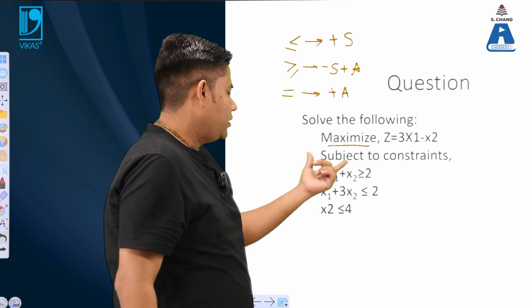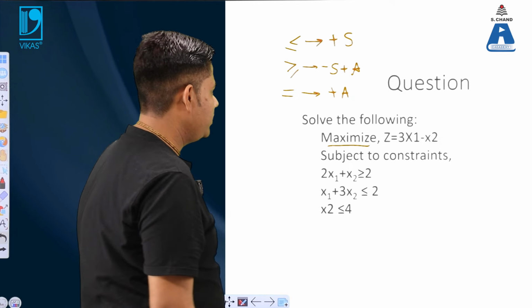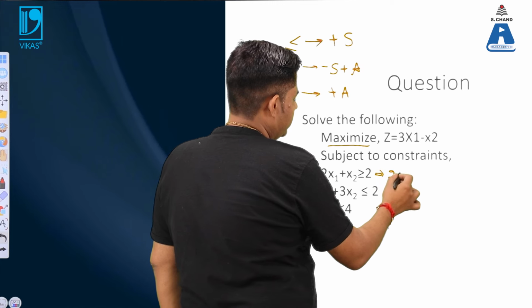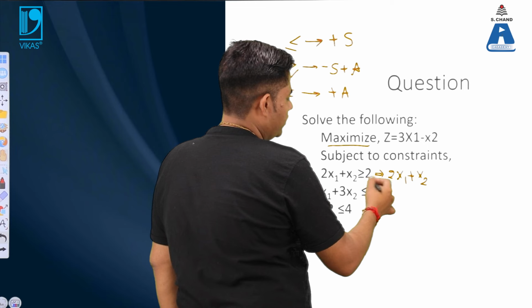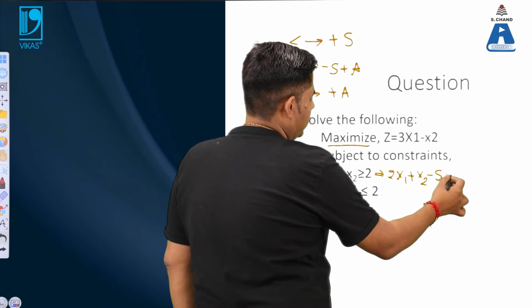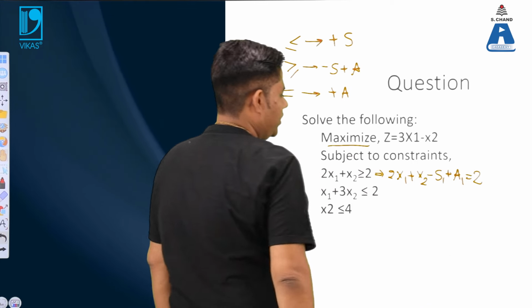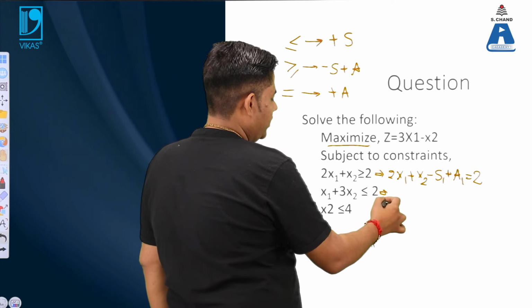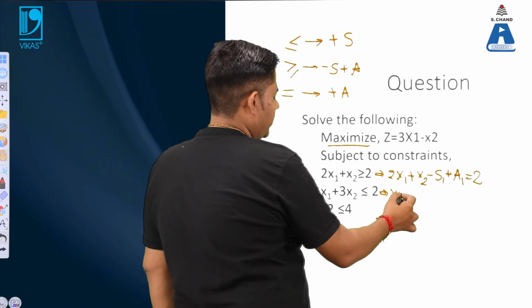Okay, so herein we have to convert the set of equations into standard form. So how can I do that? I have to write this equation as 2x1 plus x2. If it is more than or equal to type, I need to subtract a surplus variable and add an artificial variable to it. It becomes 2. And then for the next case, I need to add a slack variable to it.